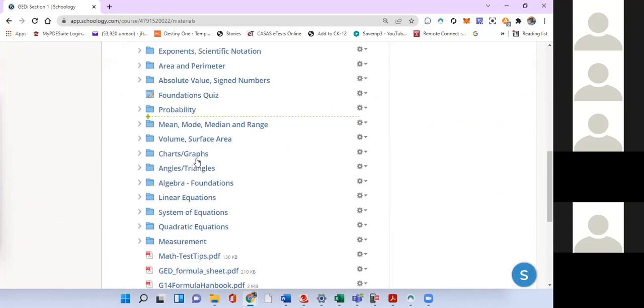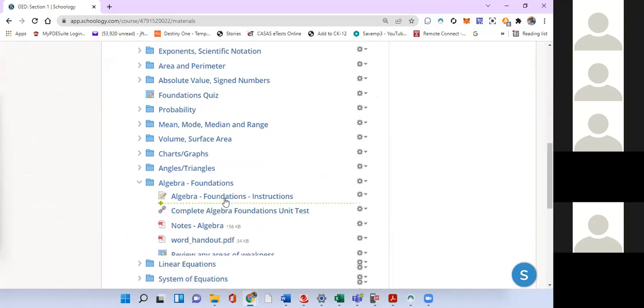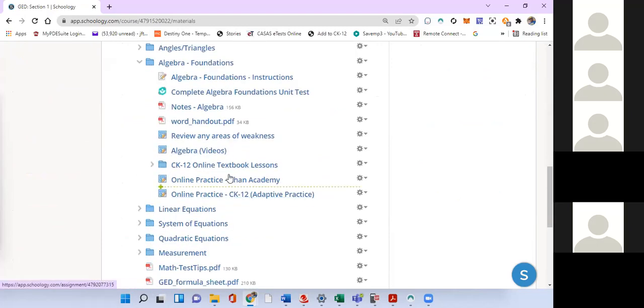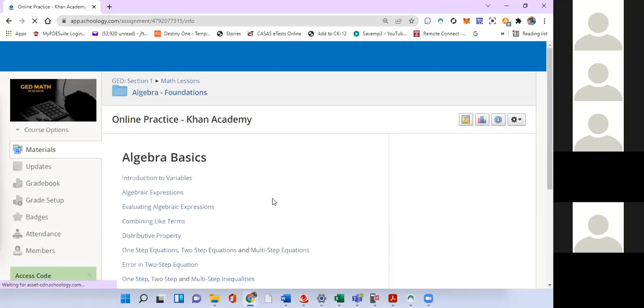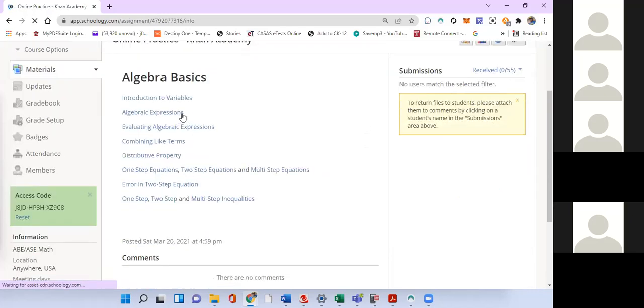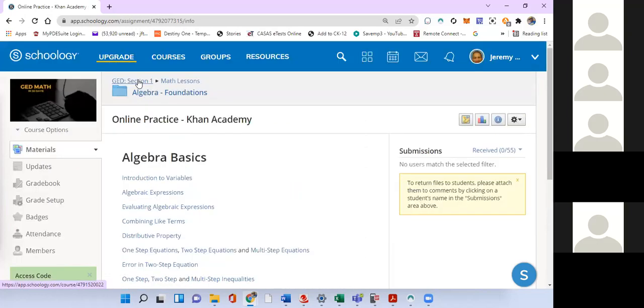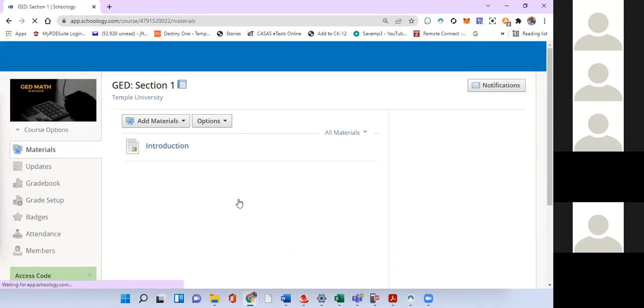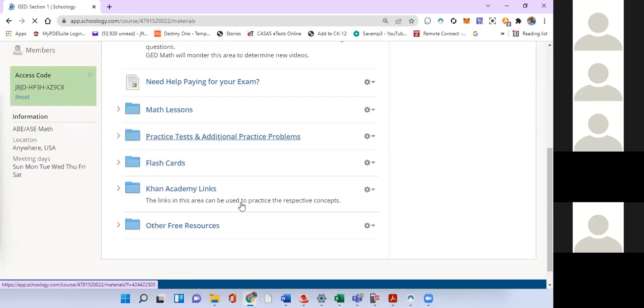Binomials is actually under algebra. If you go into algebra, Khan Academy has algebraic expressions, evaluating algebraic expressions, combining terms, distributive property. So those are under algebra. Got it. Again, this is yours. It's free. Use as much as you want.